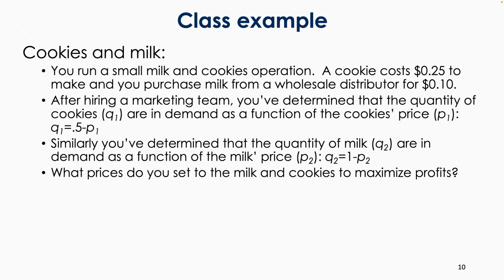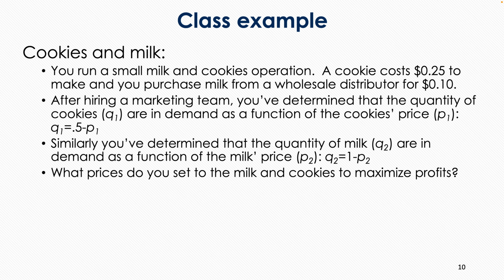This is a classic economics example. So the demand for cookies is Q1 equals 0.5 minus P1. You've also determined that the quantity of milk in demand is a function of the price of milk, so Q2 equals 1 minus P2.